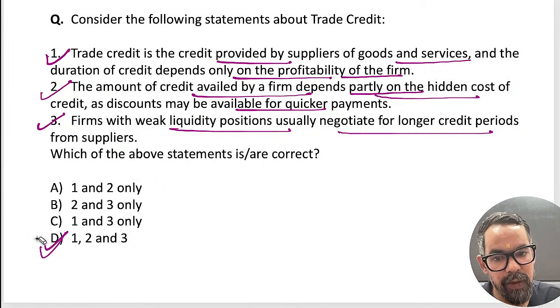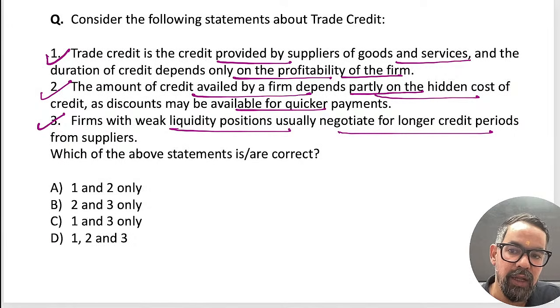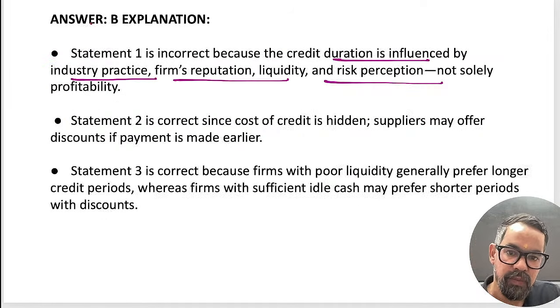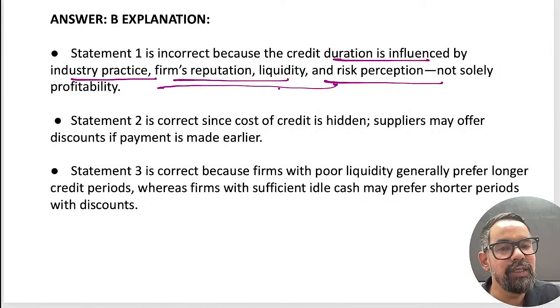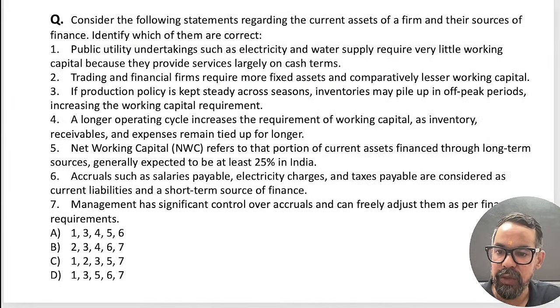Profitability is also considered in that case, but the word only means we are not considering the others. The Reliance example was fine, but it is not only profitability, the other measures also matter, right? Next one, guys.